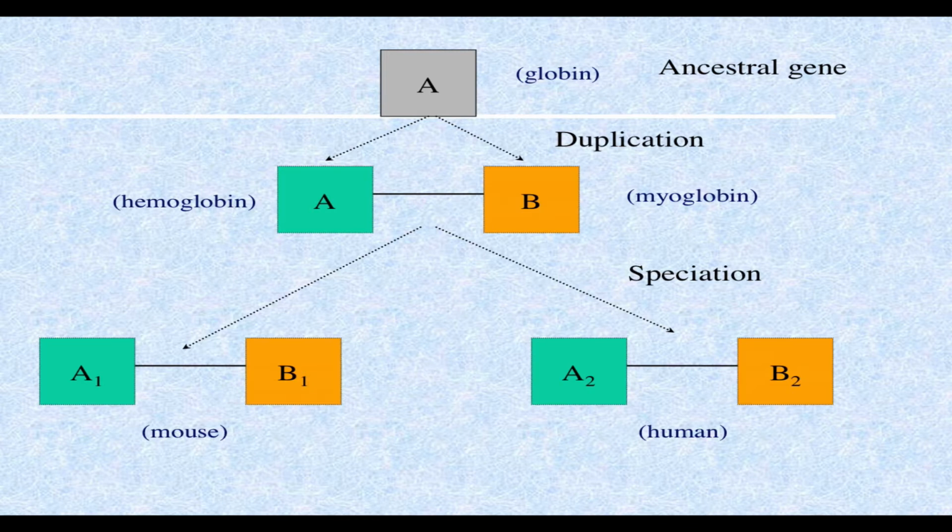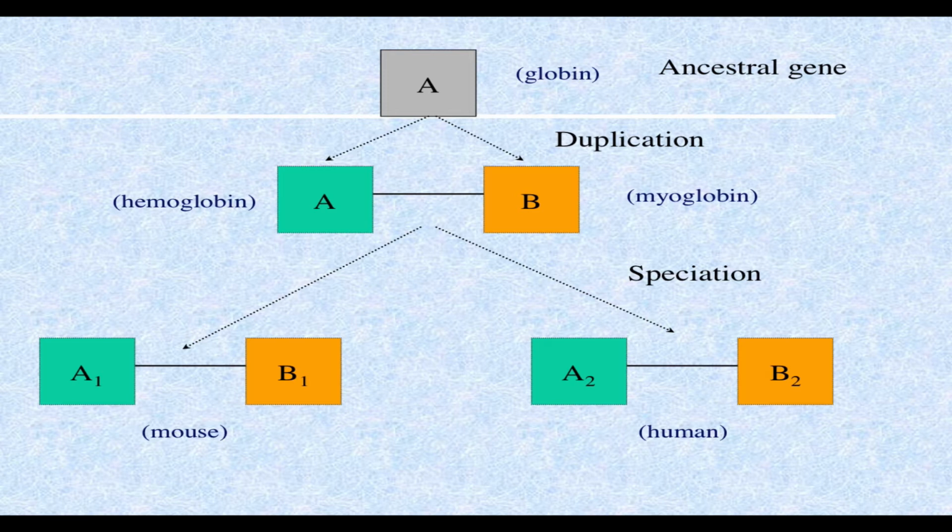But then those two genes are now in some ancestral organism, and a speciation event occurs. Primates separate from rodents, and now we have a human with a myoglobin and a hemoglobin, and we have a mouse with a myoglobin and a hemoglobin.